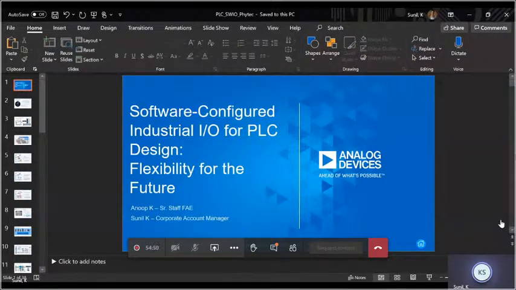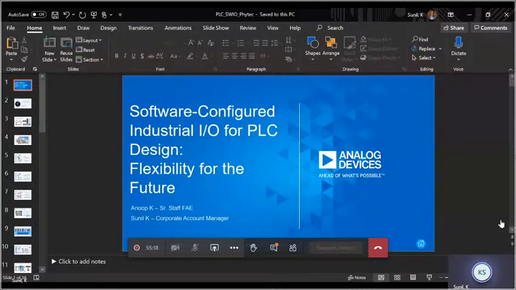I will let him introduce himself, but a very quick word of introduction. He takes care of the industrial application support for all our customers in India, both direct and supported through channel. And he has been involved in supporting many of our global accounts like Honeywell, Emerson, ABB, Siemens, and similar companies, and brings with him a lot of expertise on the industrial domain.